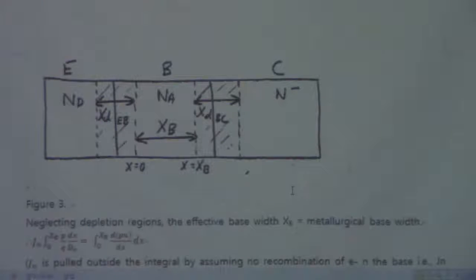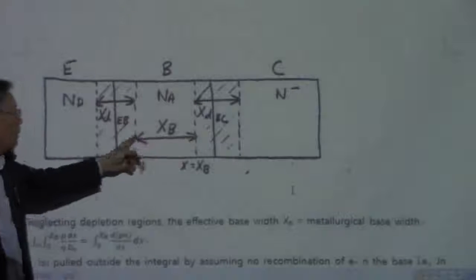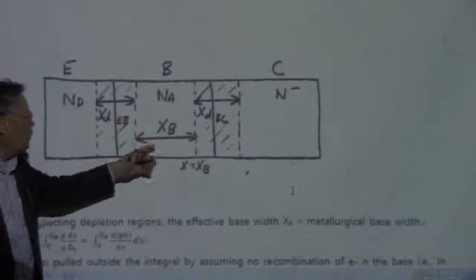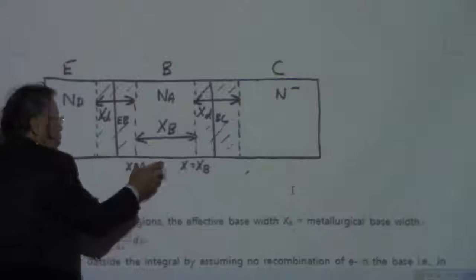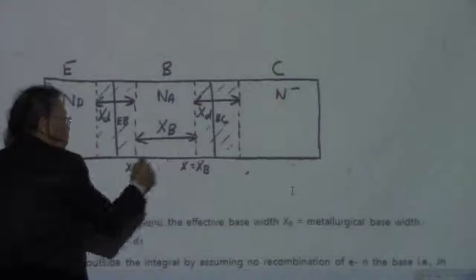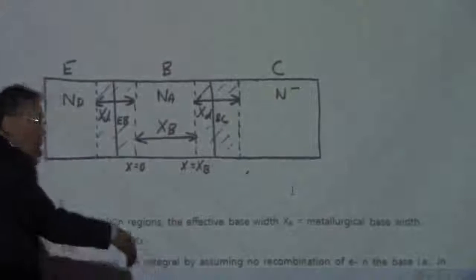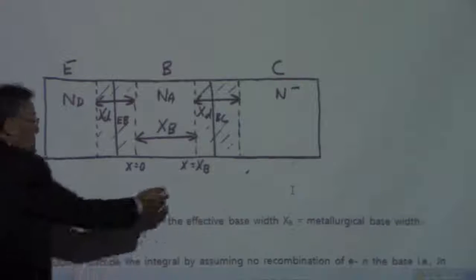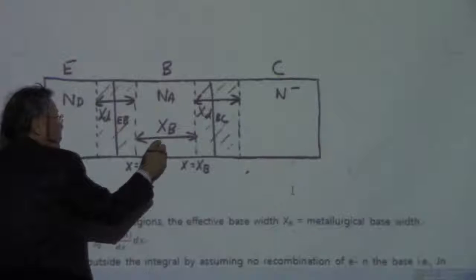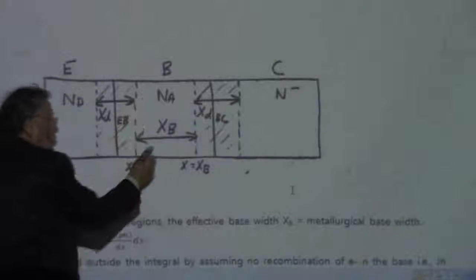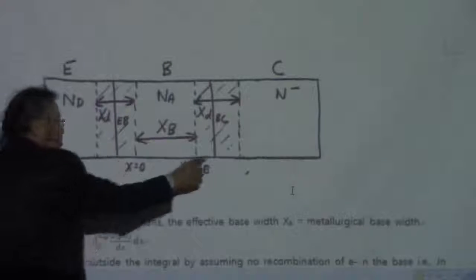With the drawing, we have space charge regions, and for the dimensions we are talking about, the base width xb should not be the physical distance between these junctions. You have to eliminate the space charge region width, so that the net distance we talk about in the base is going to be xb here, from here to here, not from here to here.